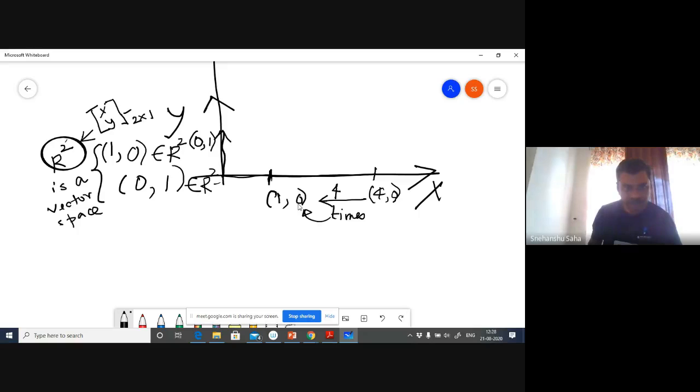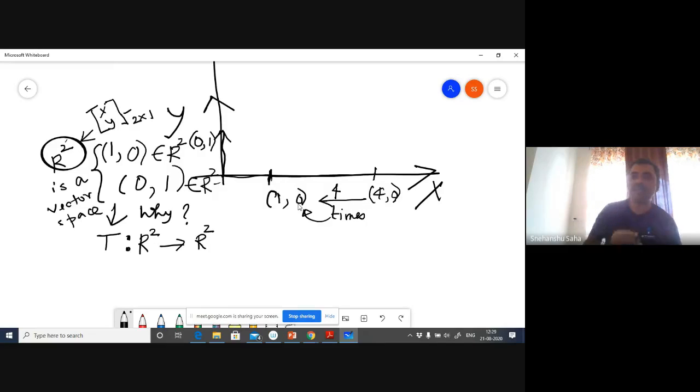So I'll just give you a motivation of this. Why this is important is that, let's say I have some function, forget operator, you are familiar with functions, right? So I have some function T which I want to map from R2 to itself.